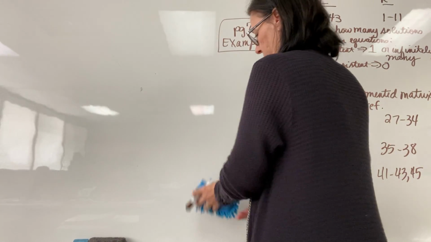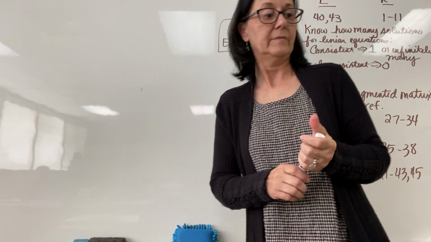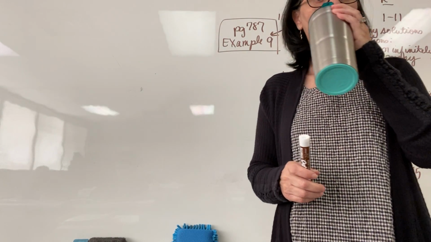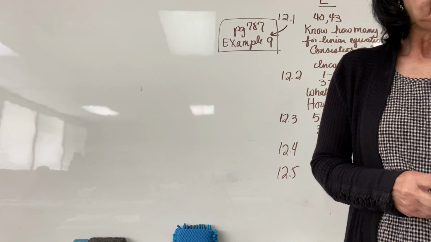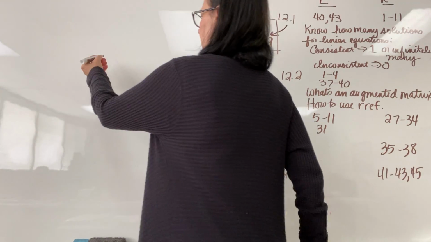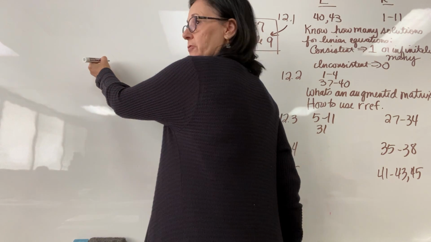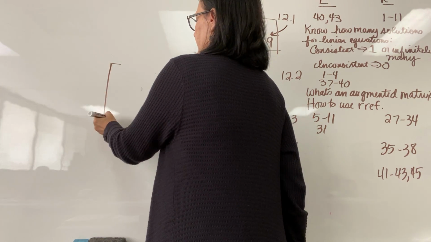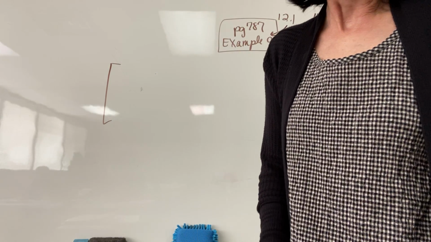All right, so for number 9, is everybody here yet? You got it? What does your matrix look like after you do reduce row echelon? Number 9.